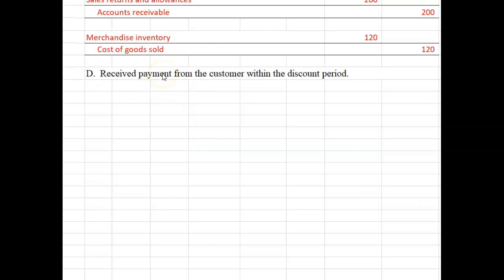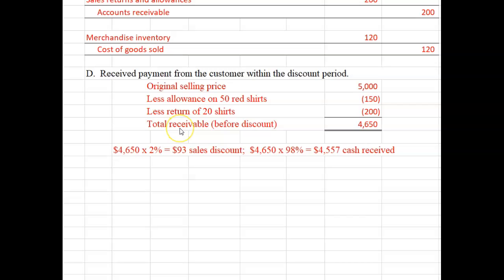Remember that this merchandise inventory was sold under credit terms of 2/10, net 30, and the seller received payment from the customer within the discount period. How does the seller take care of that? Let's do the math first. The first thing we have to do is figure out what the total receivable is before the discount. The original selling price was $5,000, less the allowance on the 50 red shirts of $150, less the return of 20 shirts of $200, gives a total accounts receivable before the discount of $4,650.